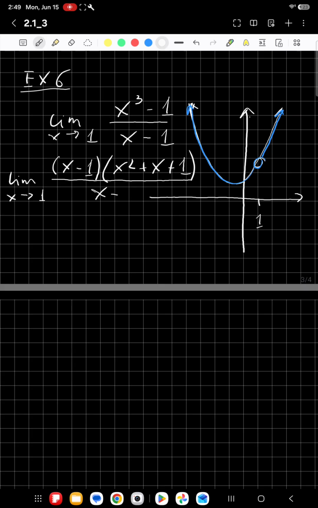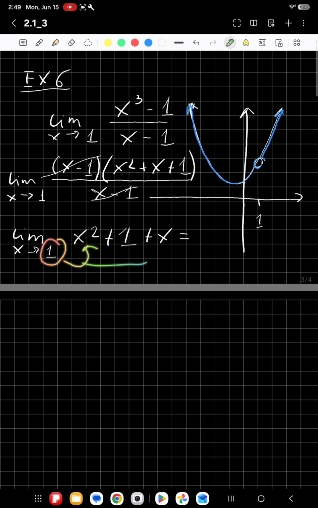So this is x minus 1, and so those two cancel out. And I end up with the limit as x approaches 1 of x squared plus x plus 1. Okay, so now I can plug that 1 into those places, and I get 1 plus 1 plus 1, and that is 3.